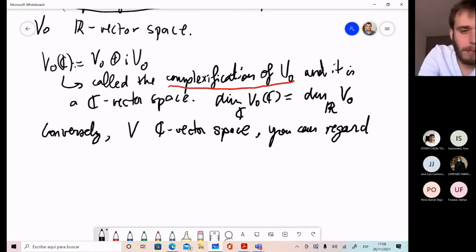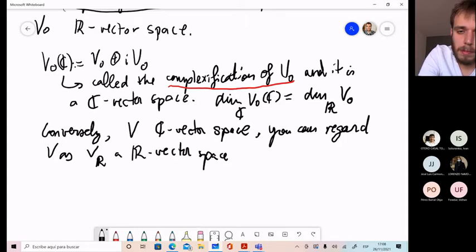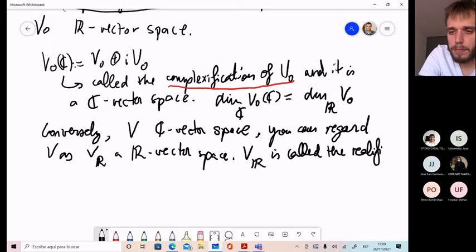You can regard V as V_R, a real vector space, and V_R is called the realification of V, okay?